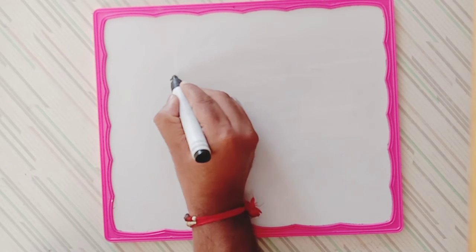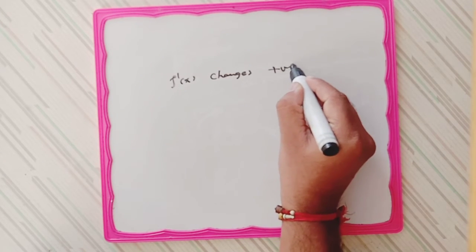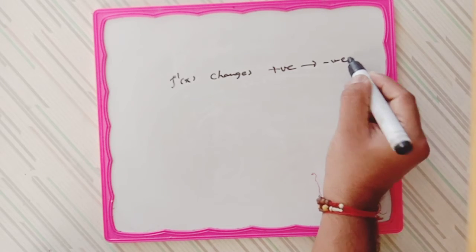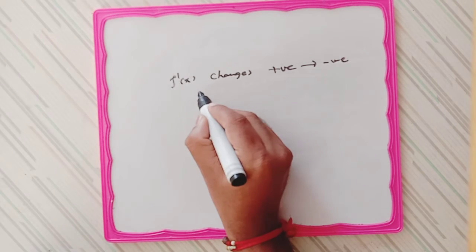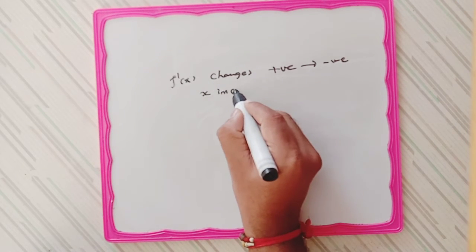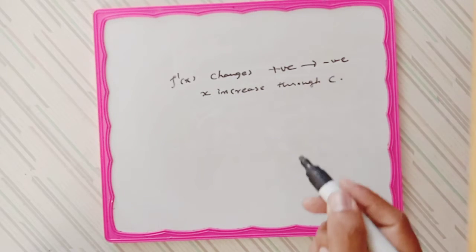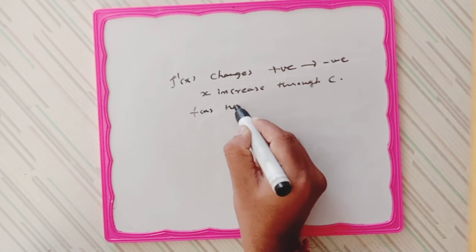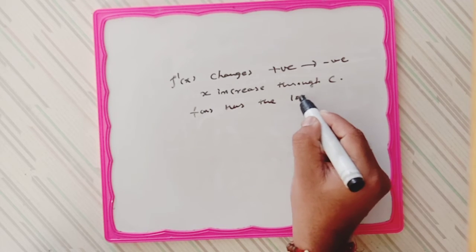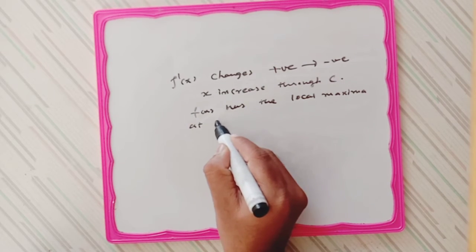And so we have the first derivative test. If f dash x changes from positive to negative as x increases through c, then we can say that f(x) has the local maxima at x equals c.